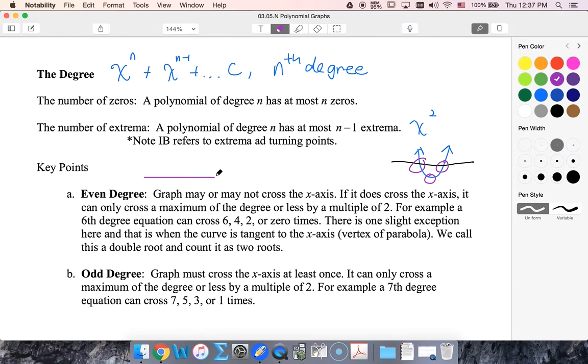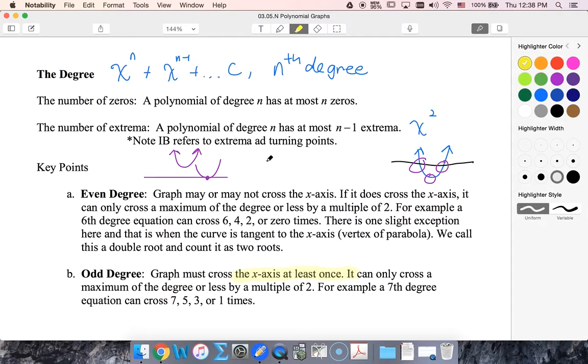So it could be that my parabola is above the x-axis and never crosses. We've also seen where we could just touch once, or we can touch twice. However, if it's an odd degree, I will always cross the x-axis at least once.